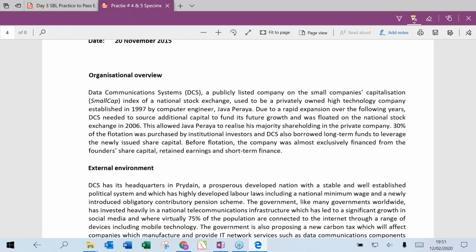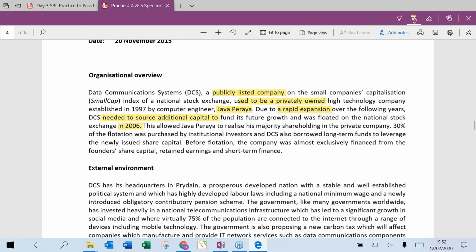Data Communication Systems, DCS, a publicly listed company on the small cap index of the National Stock Exchange, used to be a privately owned high tech company established in 1997 by computer engineer Jay Priya. Due to rapid expansion over the following years, DCS needed to source additional capital to fund its future growth, and was floated on the National Stock Exchange in 2006.